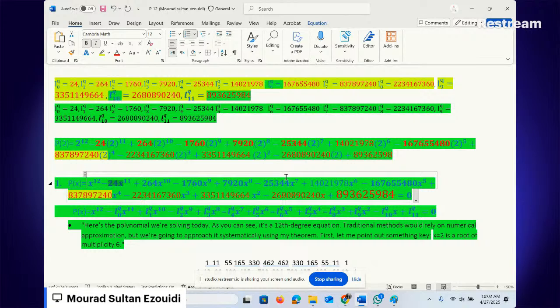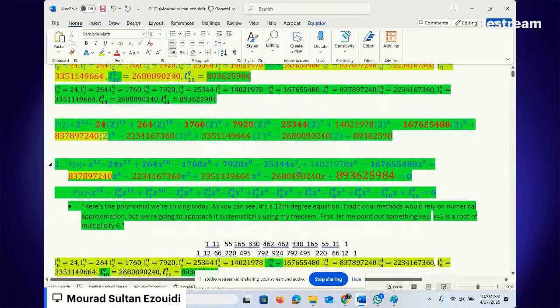First, let me point out something key: x equal to 2 is a root of multiplicity 6, meaning you can write your polynomial as x minus 2 raised to the power 6 times another polynomial. But here I'm going to use the theorem, and you will see. We'll go step by step.